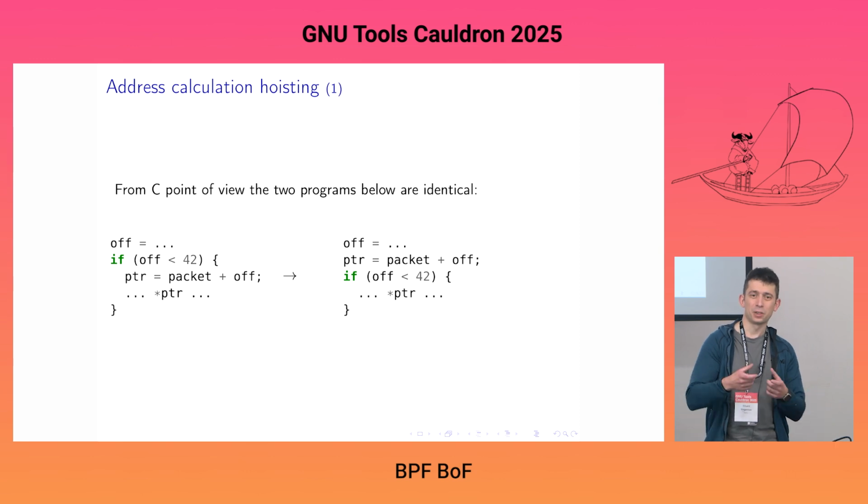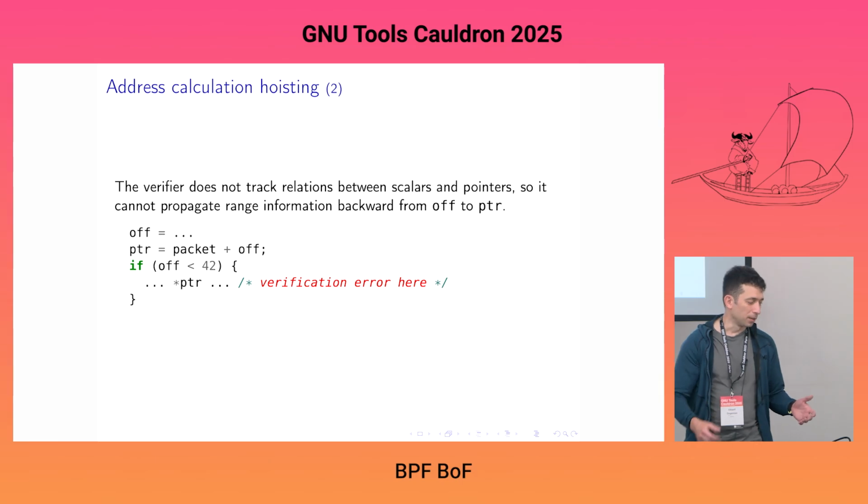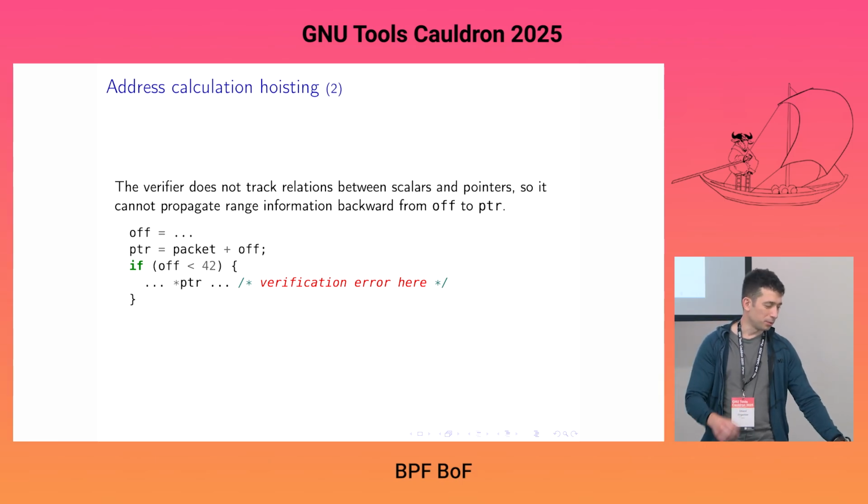Well, it happens at the IR level, so I'm only putting pieces of it here for illustration purposes. The problem is that because we don't track the relation between the pointer and the offset after the offset was added to the pointer, this check doesn't tell the verifier anything about the range of the pointer.